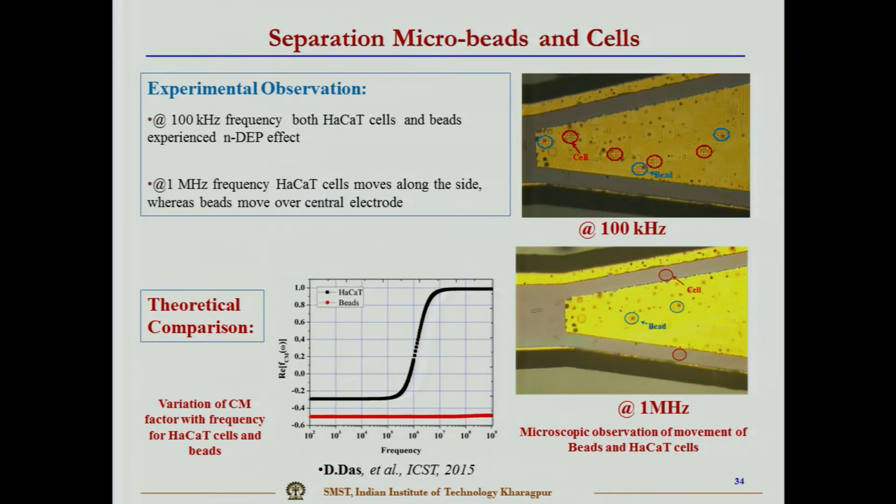At 100 kilohertz most of the cells and polystyrene beads go through the center of the line, because both experience negative DEP, whereas above 800 kilohertz or 1 megahertz the cells go around the edges, while the polystyrene bead moves in this direction. So at the input you have a mixture, but at the outlet it will be separated and you can collect it separately in different chambers.